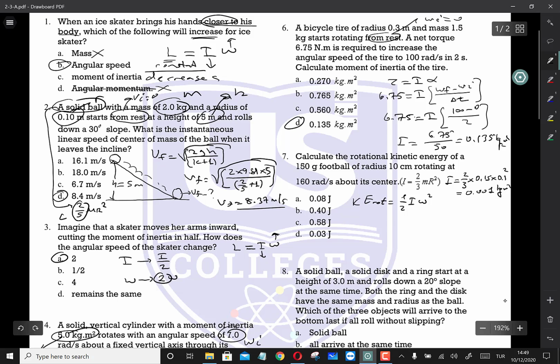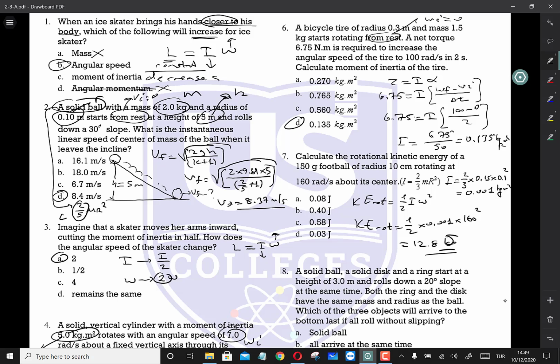Now let's calculate the rotational kinetic energy. 1 over 2 multiplied by 0.001 multiplied by omega, which is 160, squared, is equal to 12.8 joule. That is the answer to this question. How did we get this? Well, I don't know, but there's a mistake in the choices. I'm going to check this question again.